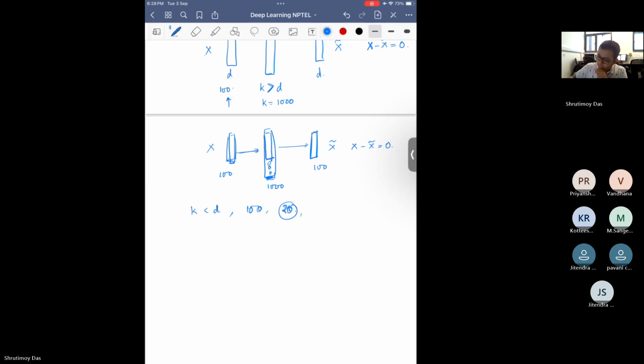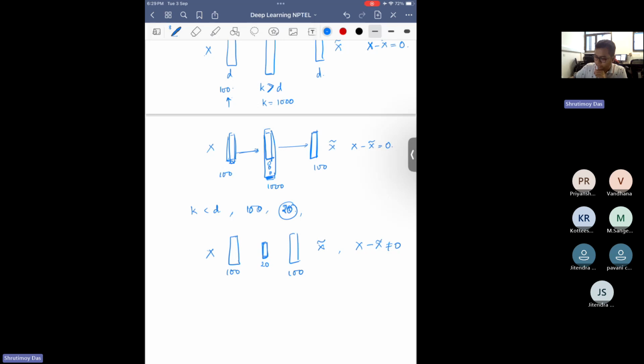Now here we have your 100 dimensional input, we have some 20 dimensional layer here, and then you'll get back this. So now we'll get some x prime, and x minus x prime is not equal to 0, because now there is a loss of information. You're only storing the 20 features which capture the most information.